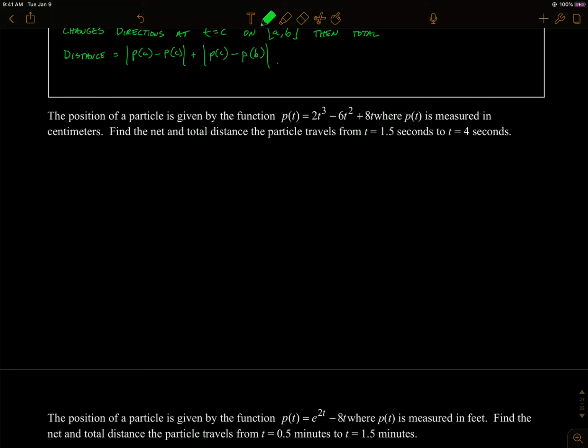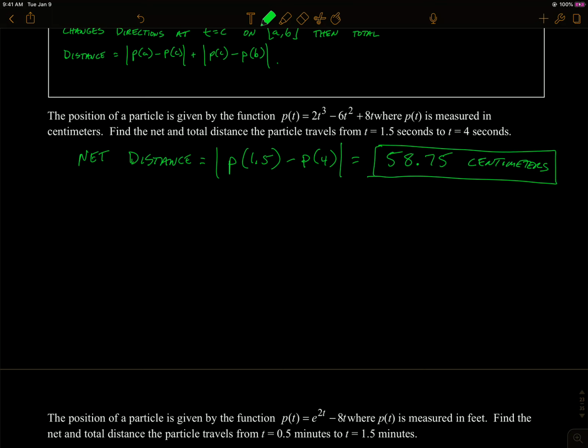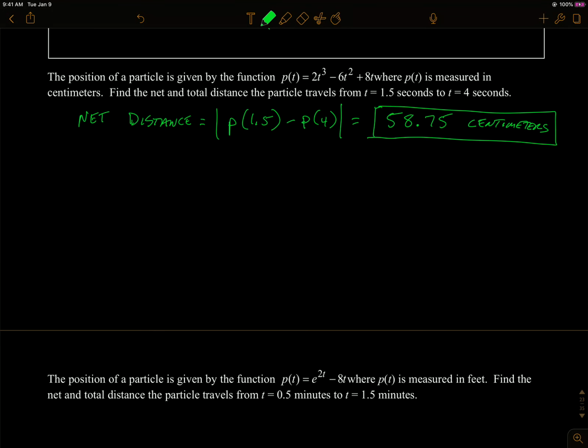So we know that the net distance is going to be equal to the position at the start minus the position where it ends, and that's going to be approximately exactly that. So that's a calculator question.